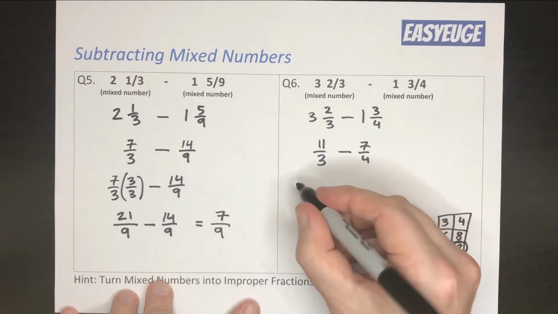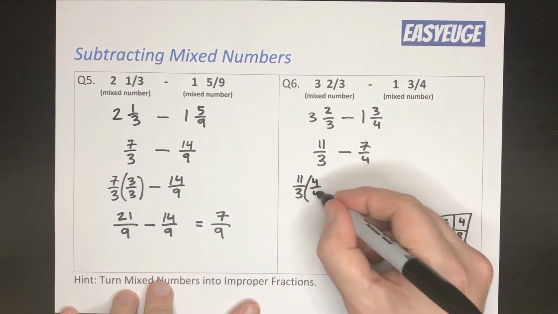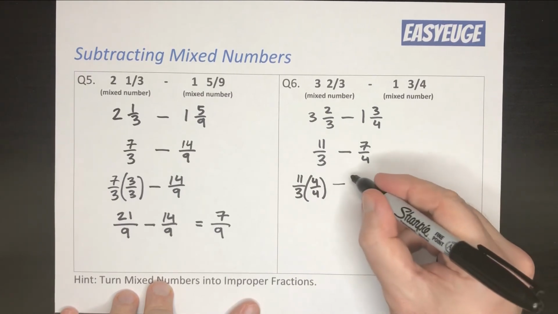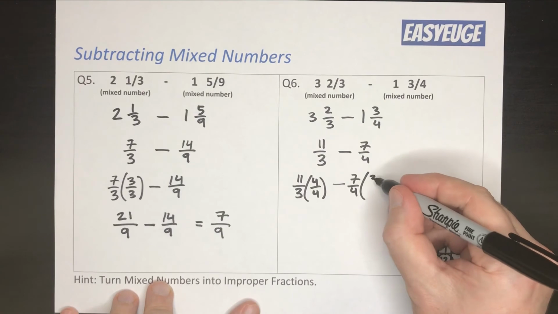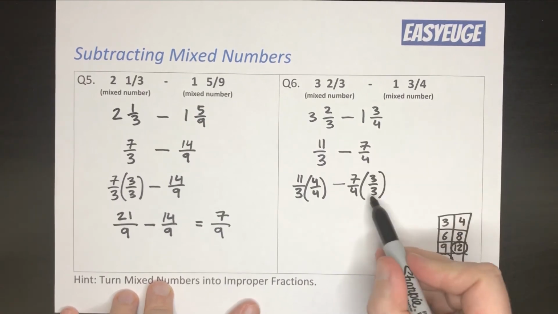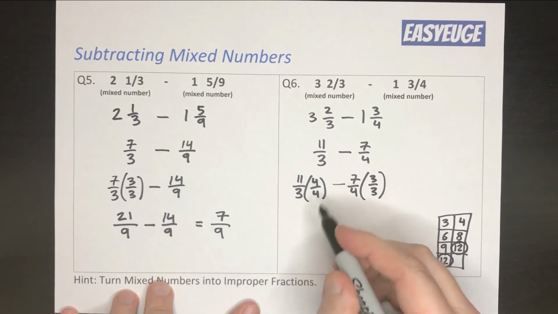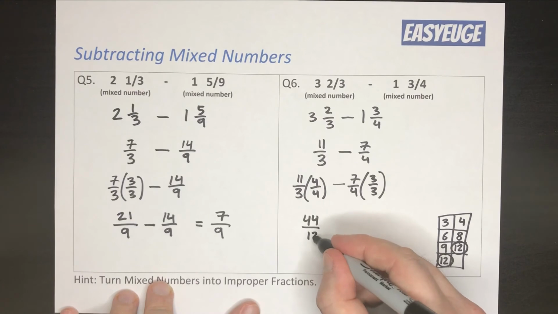Okay, let's take 11 over 3 and we'll multiply it by 4 over 4 because 3 4s are 12. Let's subtract 7 over 4 and we'll multiply all of this by 3 over 3 because that will make that a 12. So 11 4s are 44. 3 4s are 12.